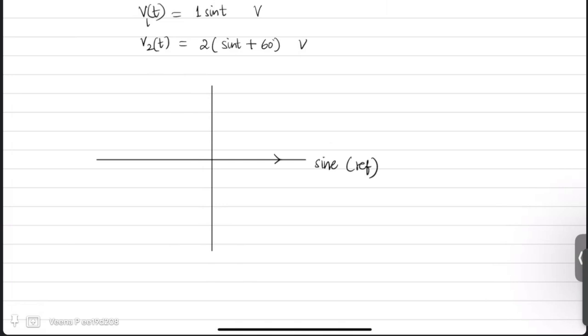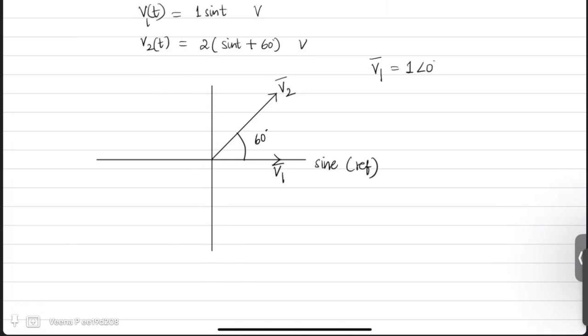So V1 of t lies on the reference axis and V2 of t lies 60 degree ahead. Plus 60 means you have to move in the anti-clockwise direction. So V2 is somewhere here. Both are phasors and this angle is 60 degree. In phasor representation, V1 will be 1 angle 0, where 1 is its magnitude and 0 is its reference.